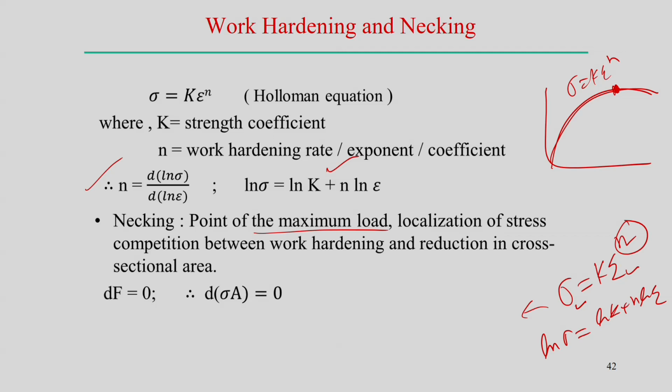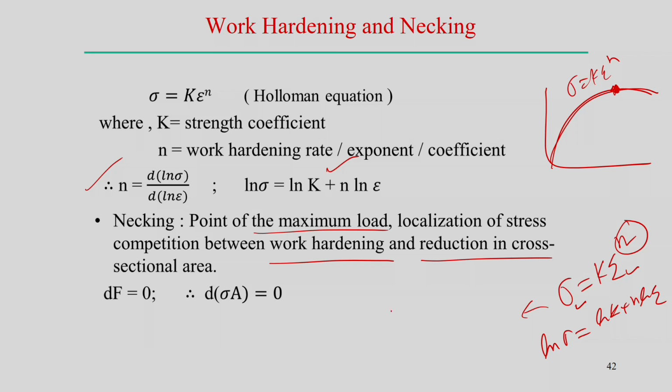So there is a competition between work hardening, where large deformation means the material work hardens more and the strength level increases, and at the same time the reduction in cross-sectional area. They compete with each other, and the load-deformation curve in the engineering stress-strain diagram reaches its optimum slope.